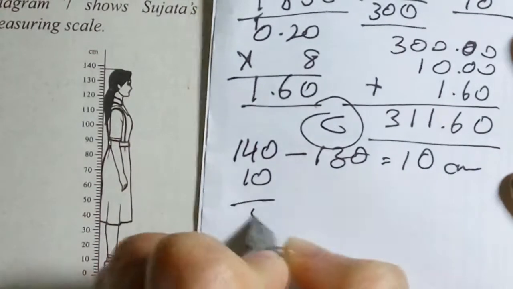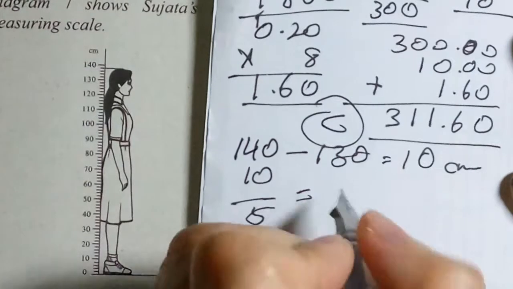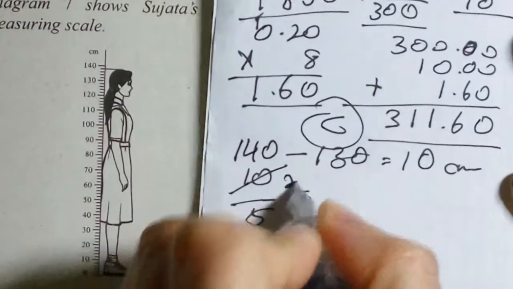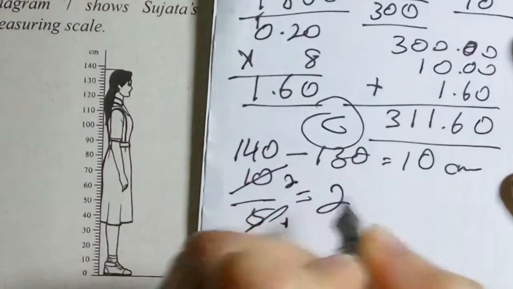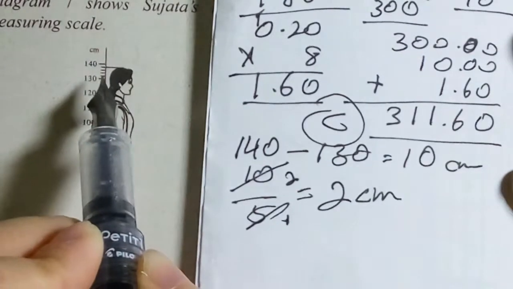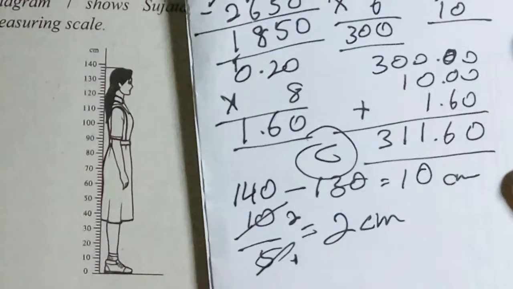So 10 divided by 5 jumps, so we know how much it is per jump. Then divide 10 by 5, it's 2 cm. Okay, and this is 4 jumps, right? 1, 2, 3, 4, right?